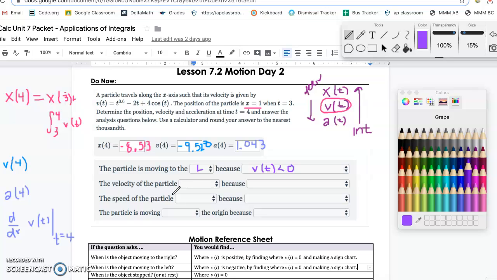The velocity of the particle, I think this is asking for increasing or decreasing.